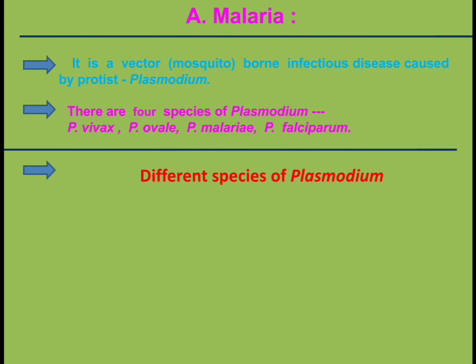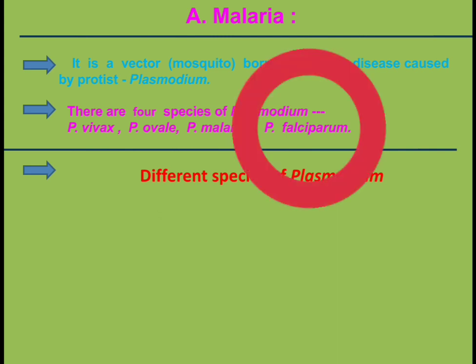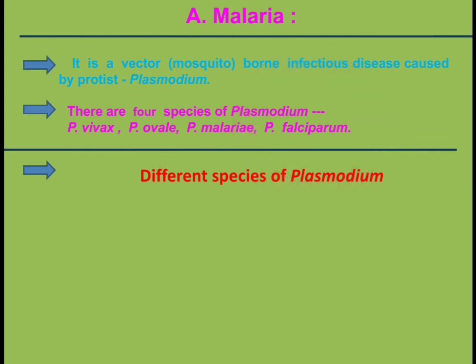When we consider the causative organism Plasmodium, there are four species: Plasmodium vivax, Plasmodium ovale, Plasmodium malariae, and Plasmodium falciparum. Only Plasmodium falciparum causes serious illness, while others are rarely fatal.